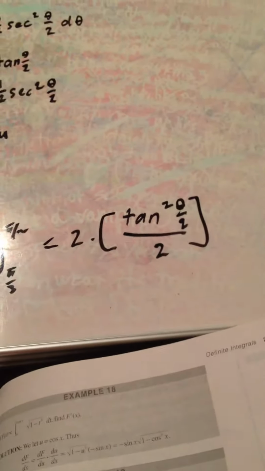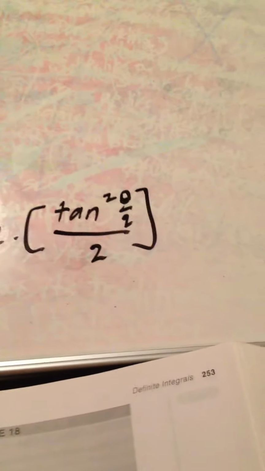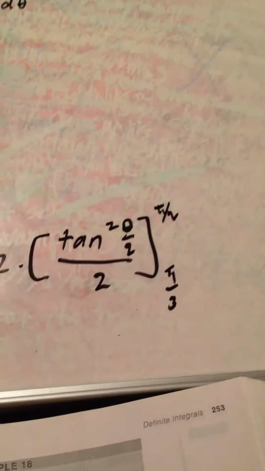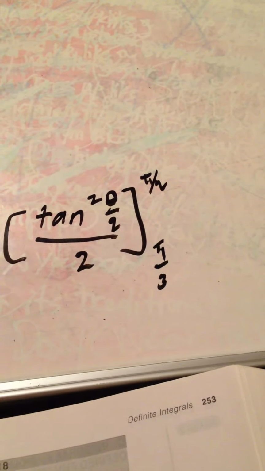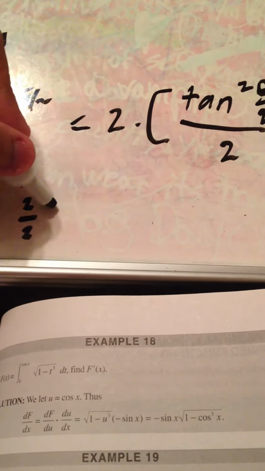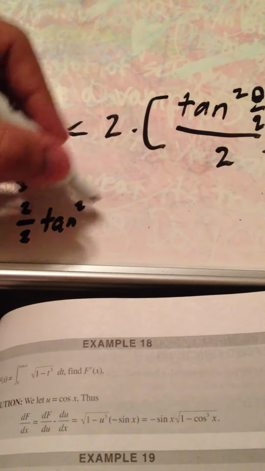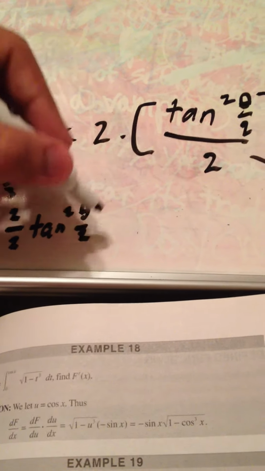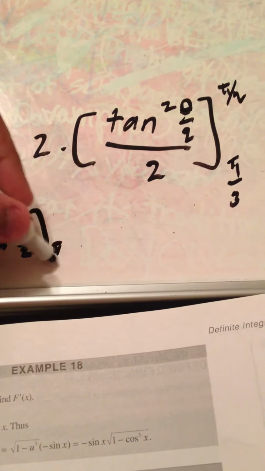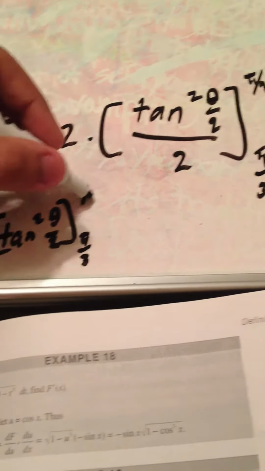Yeah, 2 times that from pi over 3 to pi over 2. And then once we simplify that a bit, we find out that it's nothing but 2 divided by 2 times the tangent squared of theta over 2 from pi over 3 to pi over 2.